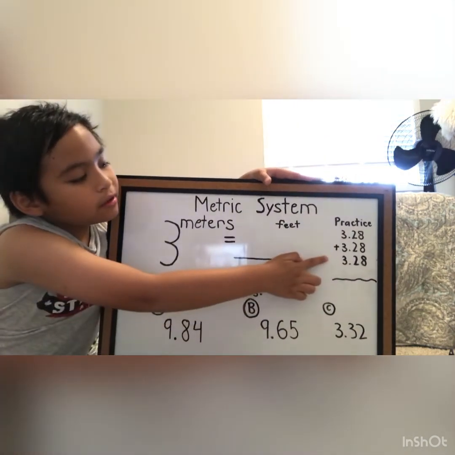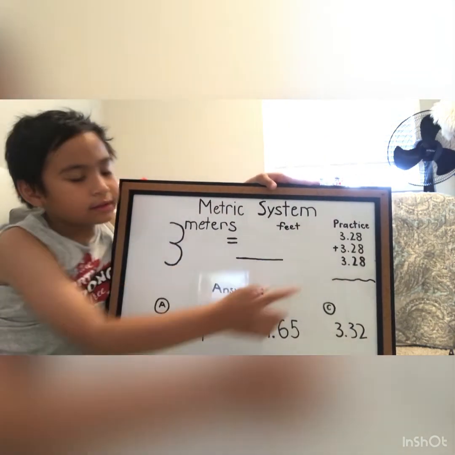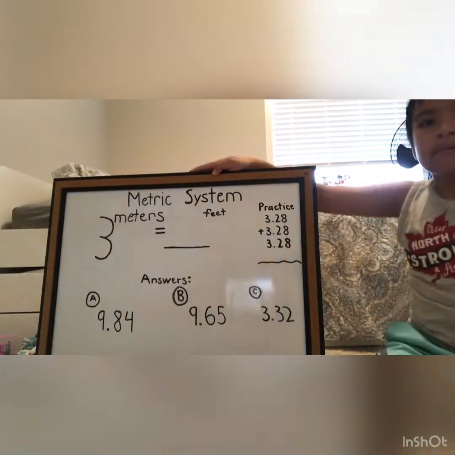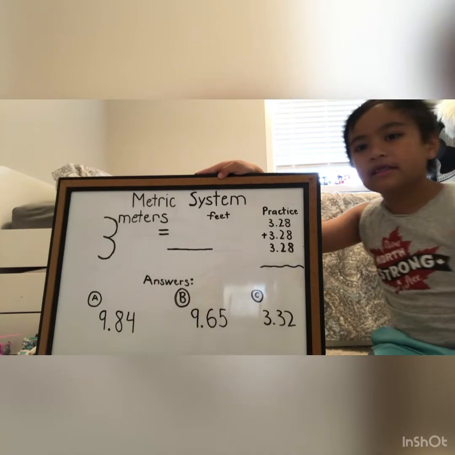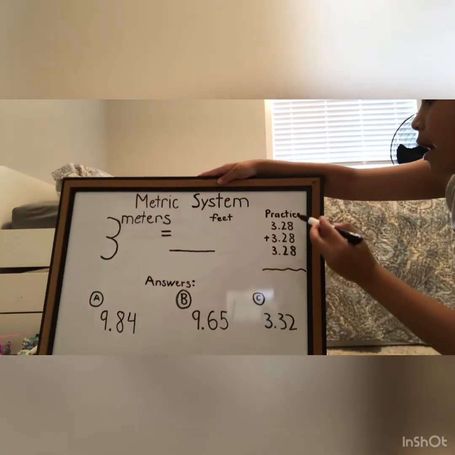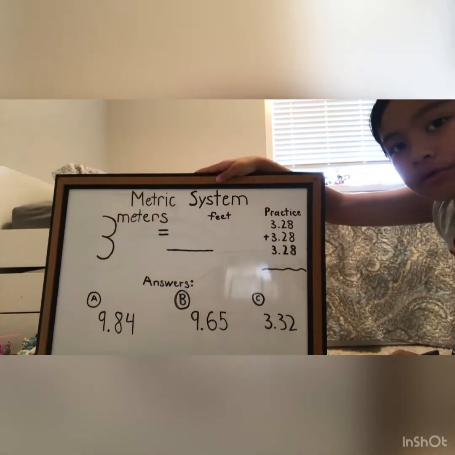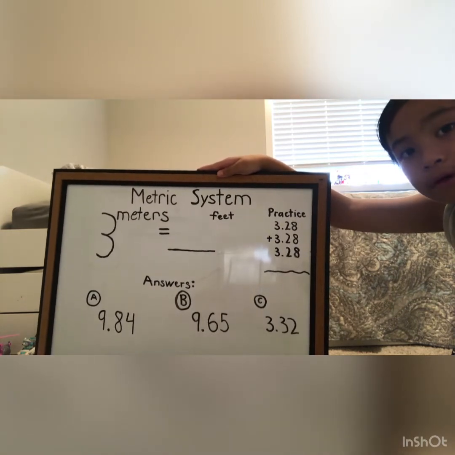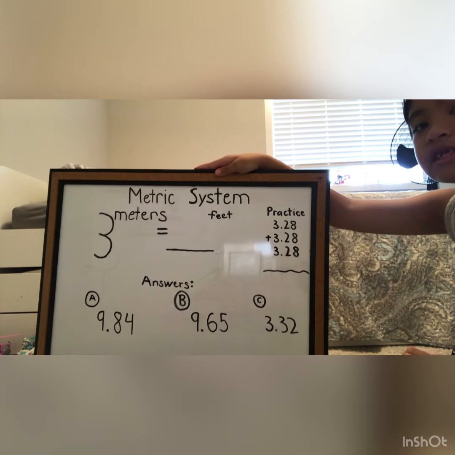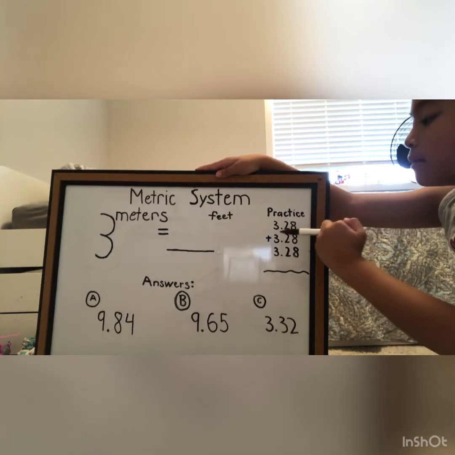Now here is the practice. So here is how you're going to do the practice. I cannot do multiplication because it's a little hard for you. So we're going to stick with pluses.